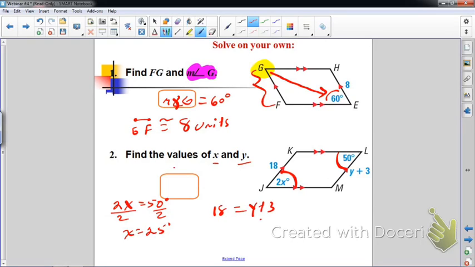I use the subtraction property of equality, and I end up with 15 is equal to y. Now remember, these are units, so y is equal to 15 units. Once I'm a little more specific, or once we get into word problems, I'll be able to give you centimeters, inches, feet. We don't know what that is just yet.